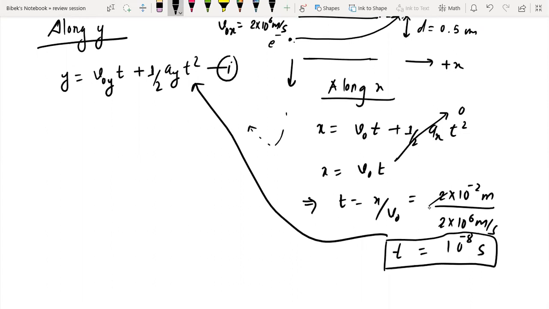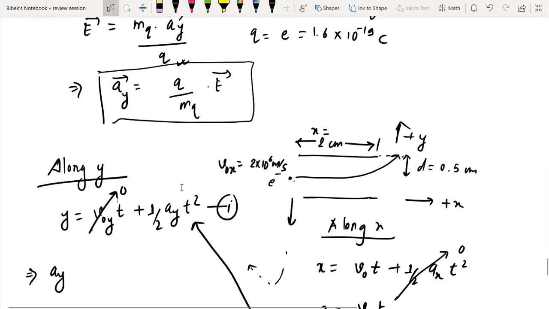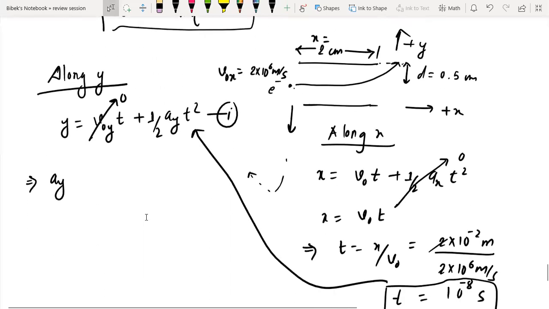So we're going from here to here, and you're trying to find the acceleration, right? Your acceleration ay is going to be, this term is going to be 0 because you don't have any vertical velocity at the beginning. The v0 of 0 means initial. So it's going to be half ayt square.